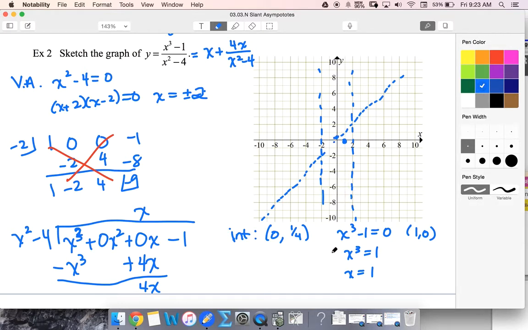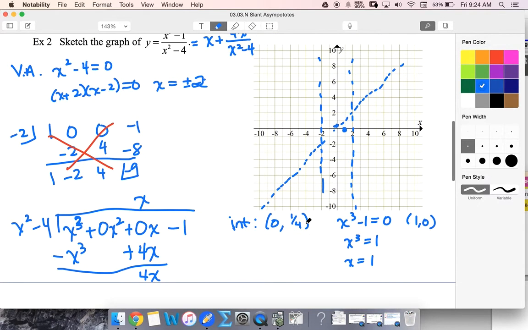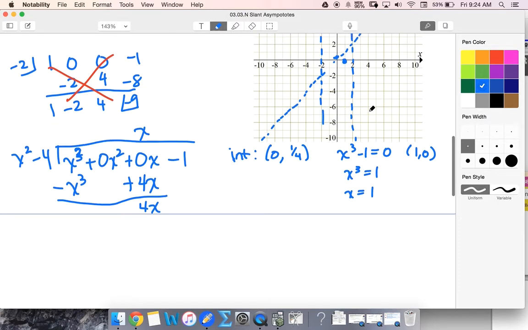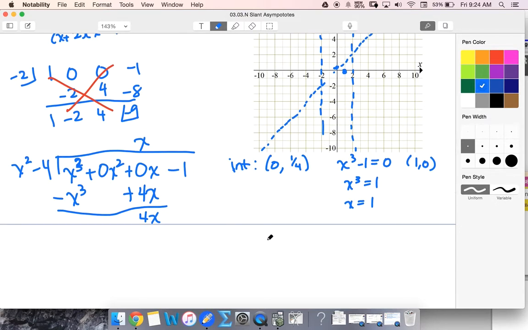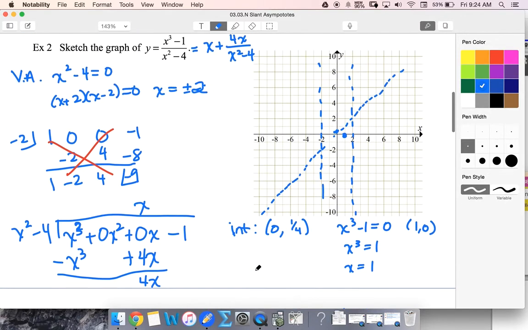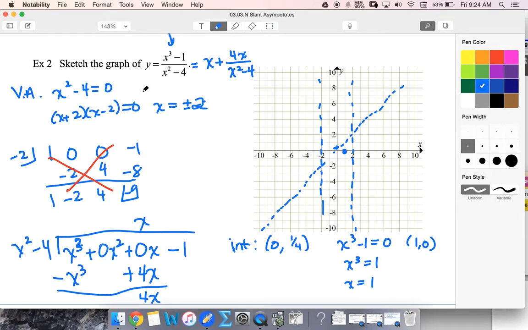And now let's think about a sign chart for making our graph here. Again, a sign chart is just telling us positive, negative y behavior. I'm going to make an x-axis with my key x values: negative 2, 1, and positive 2. If I think about to the left here around negative 3, negative 3 cubed would give us negative 27, that's negative 28 on top.